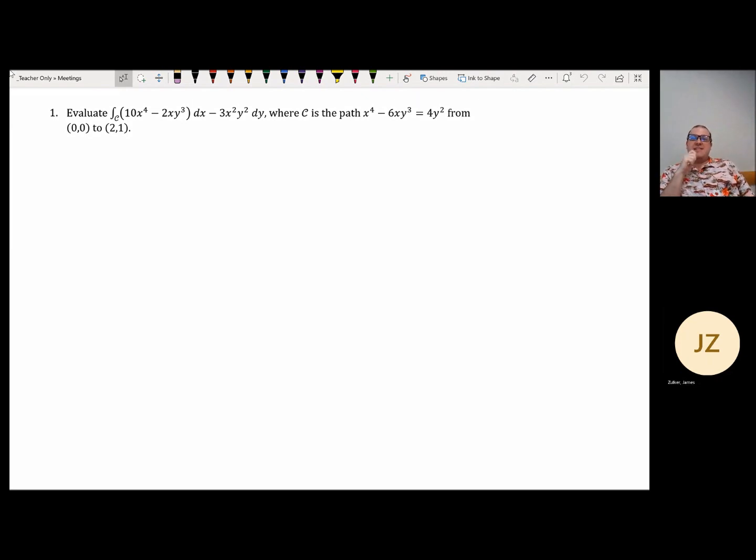Notice that this path is not closed. That means we can't use Green's theorem. So this is just straight up a line integral. Oh boy.